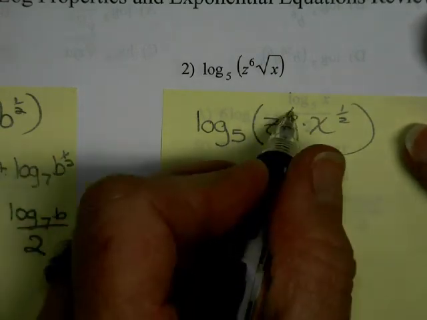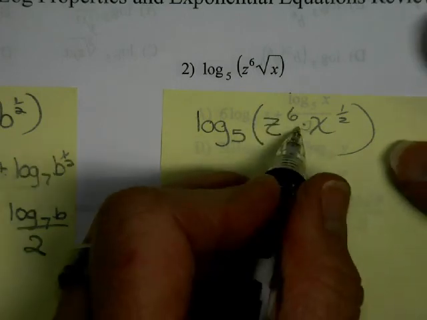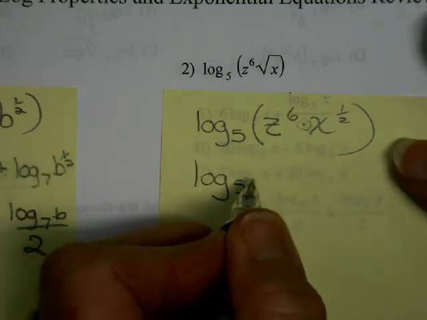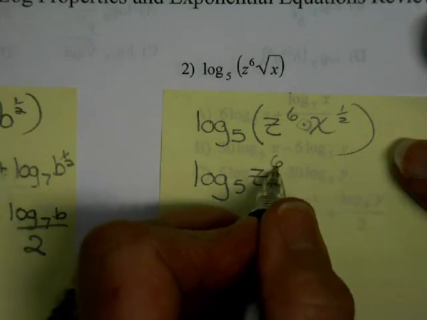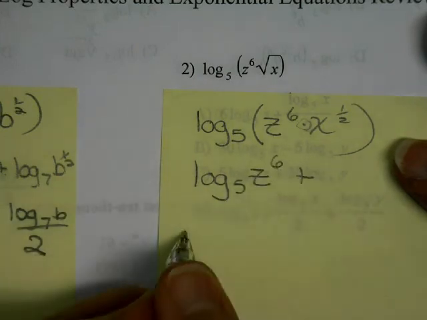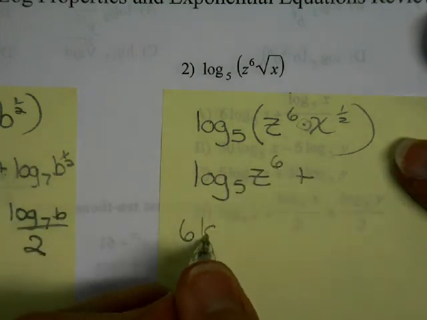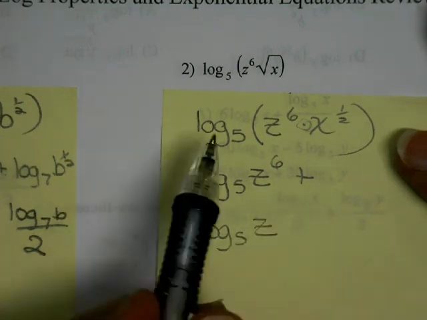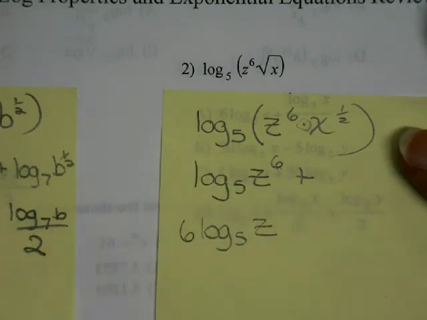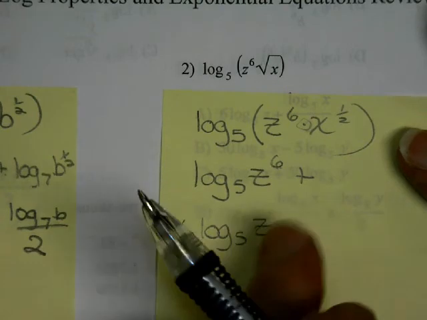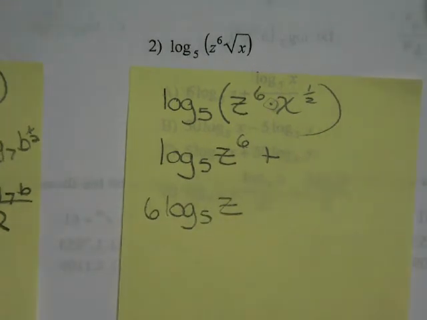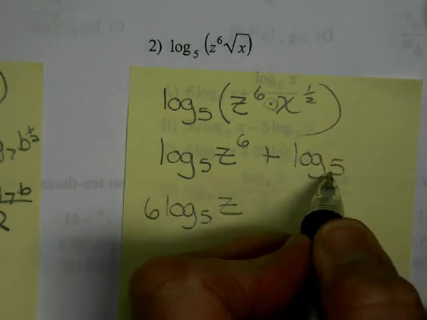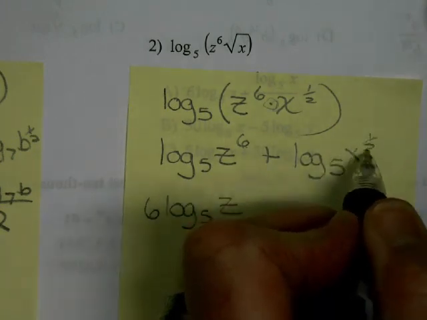And then I just write, this means add. So I'm writing out the next step, even though you could skip it if you want. You could go ahead and write that 6 log base 5 of z out, if you already know that's where that 6 will end up. You could skip this writing out, but I'm going to go ahead just so I can show you the nitty gritty, one law at a time.